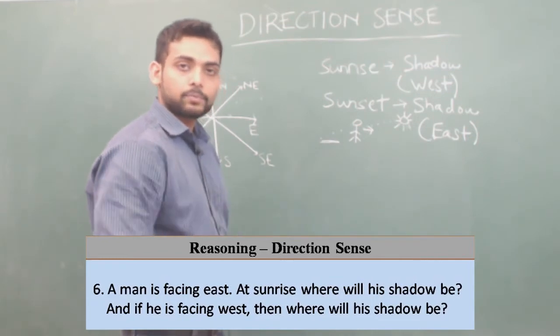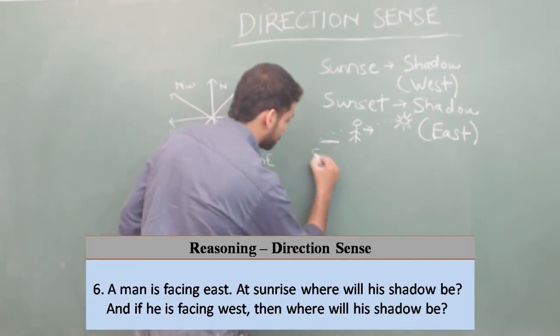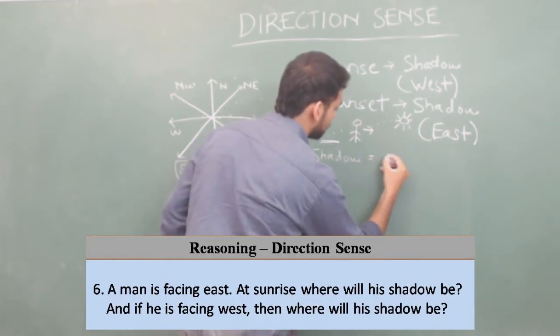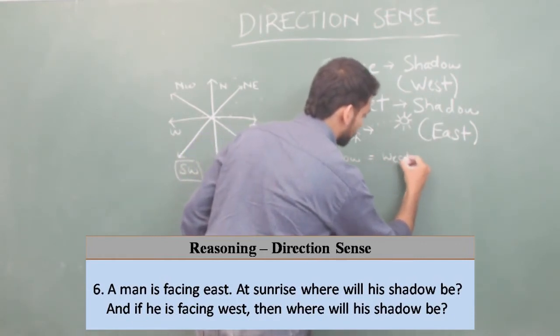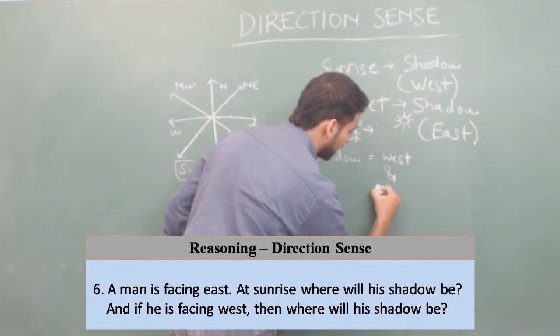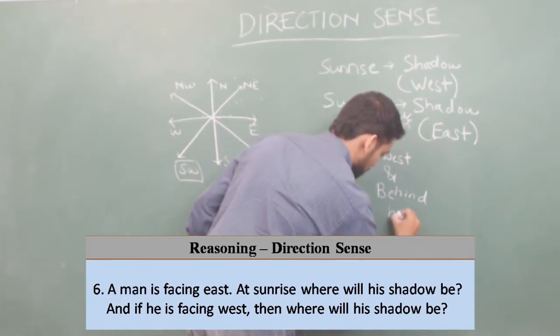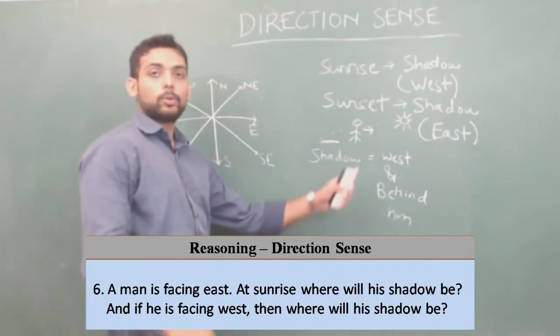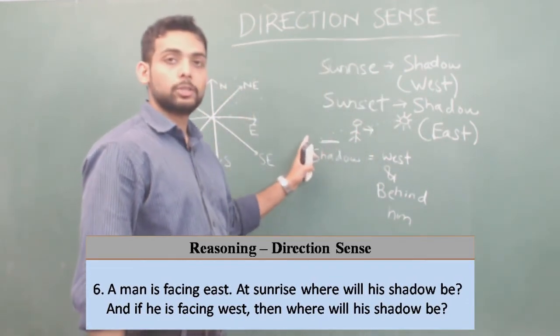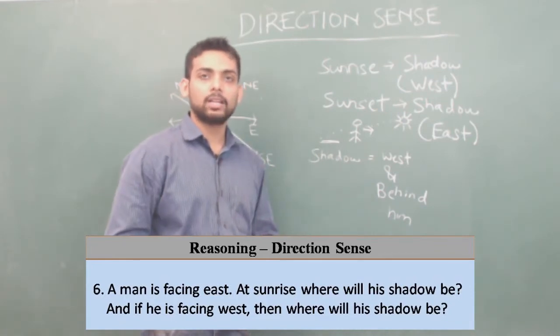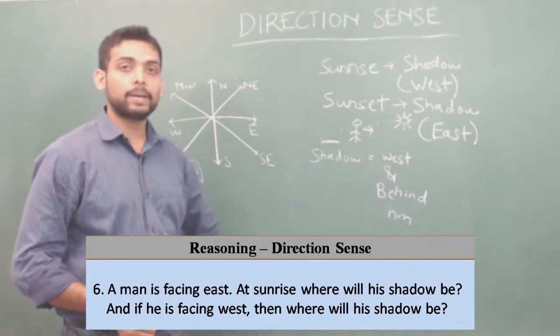So we can say that at sunrise, the shadow will be towards the west and behind him, because his face is towards the sun. So to the west and behind him.